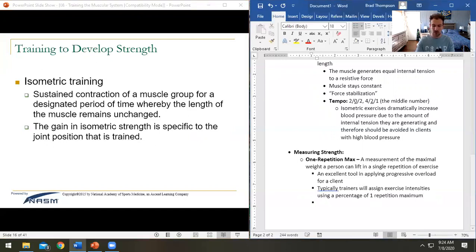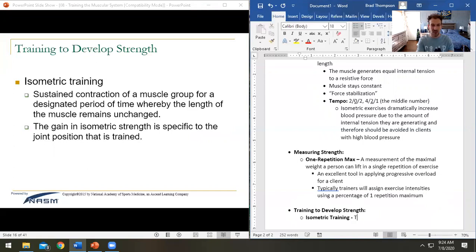So if we're training to develop strength, we've got a lot of different methods out there. One of the most common versions is isometric training. If you've ever done planks, you're doing isometric training, right?